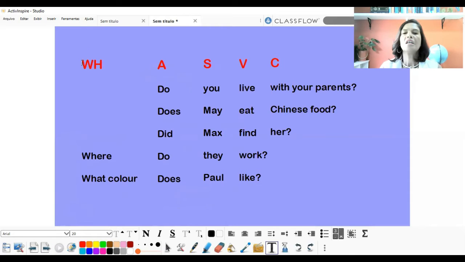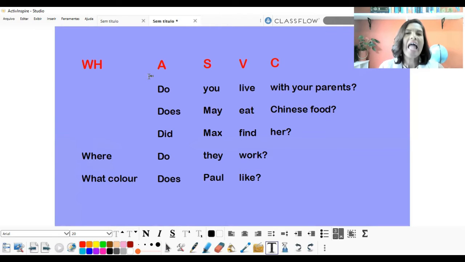Look what I put here. WH, A, S, V, C, right? So, if your question is not an information question, it is a yes or no question, then it's going to start with the auxiliary. So remember this. All questions starting with an auxiliary is a yes or no question.